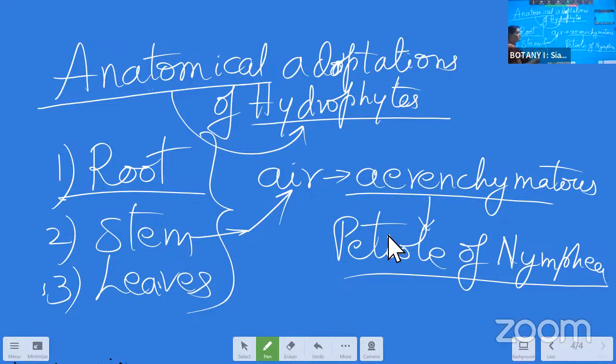The petiole has aerenchymatous tissue and it has mechanical tissues in it, which give rigidness for the petiole to make the leaf float on the water surface. So here it has aerenchyma and the mechanical tissues.